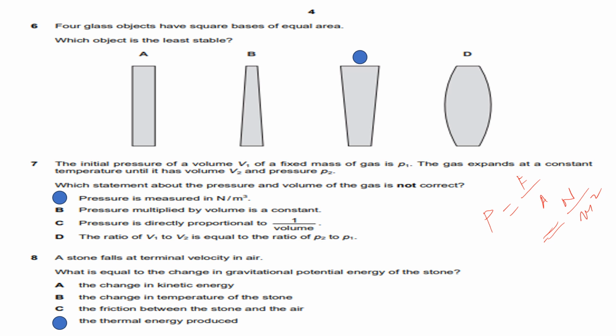A stone falls at terminal velocity in air. What is equal to the change in gravitational potential energy of the stone? So when the velocity is constant due to the resistance of air, the energy is converted into thermal energy. So D answer is correct.